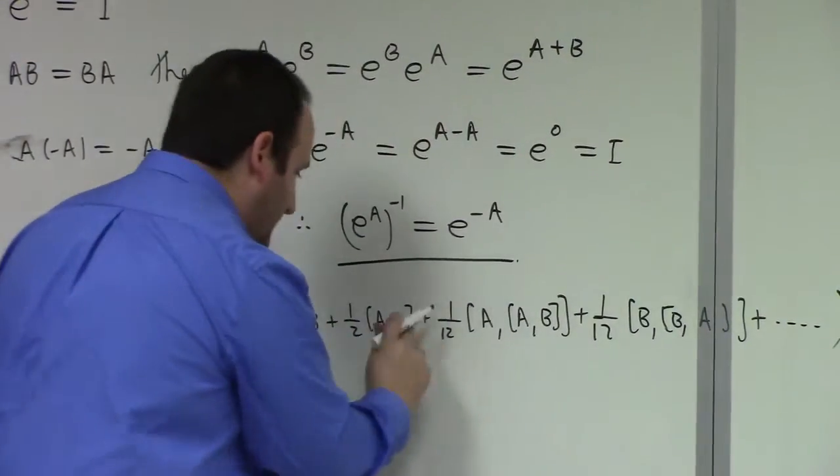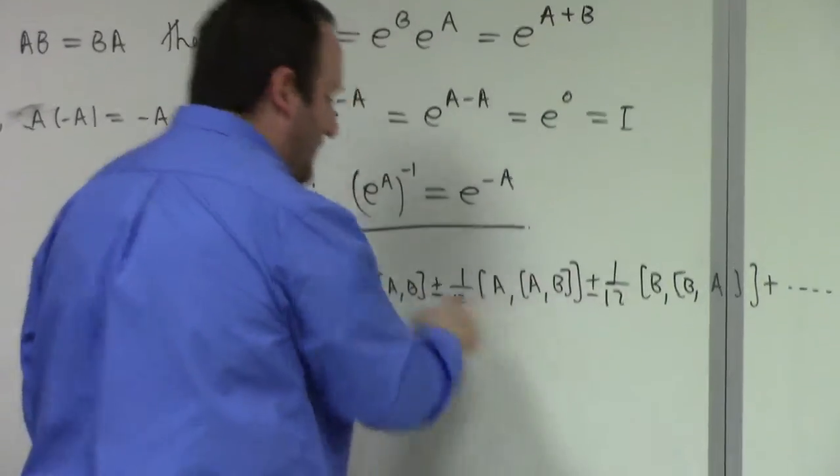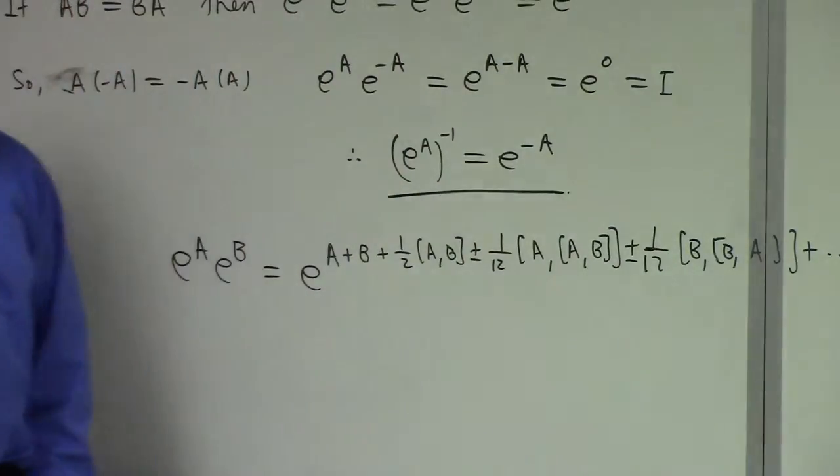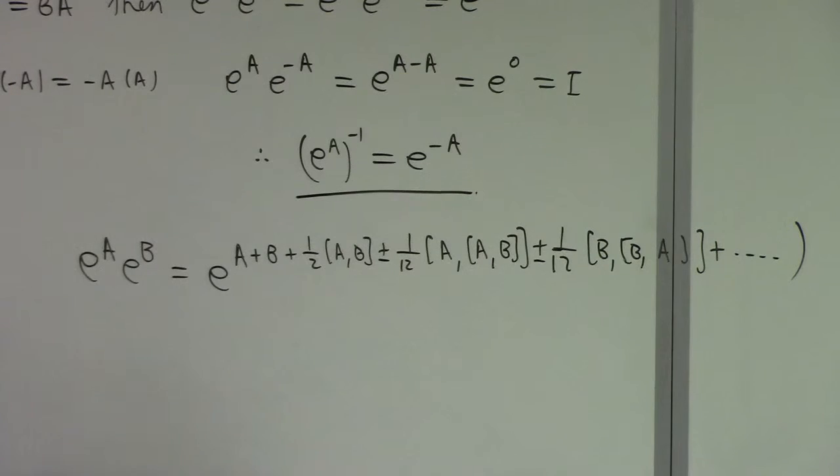Now, I really have to put a plus or minus here, and it's not a plus or minus that has to stay there. It's there because I simply don't remember the sign of the formula past that order.